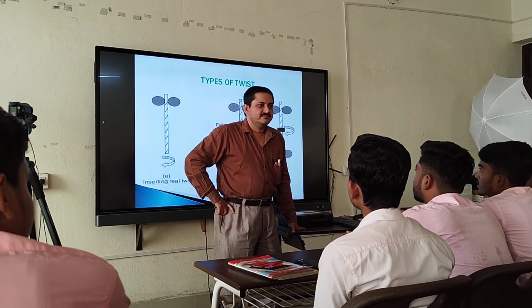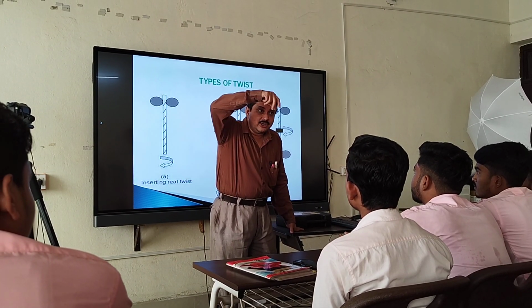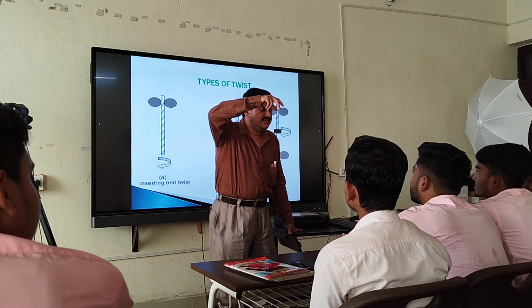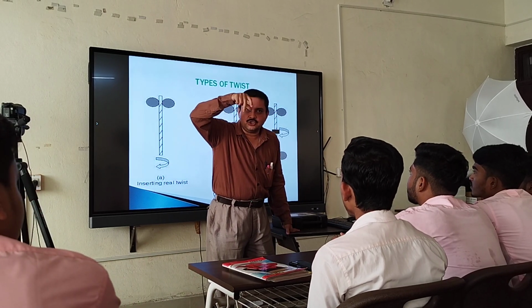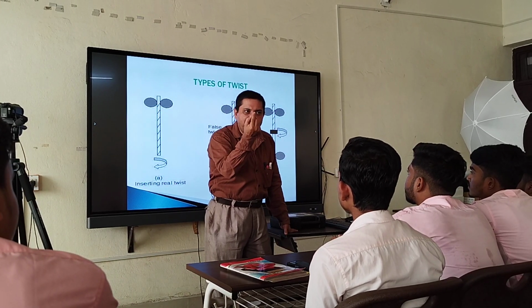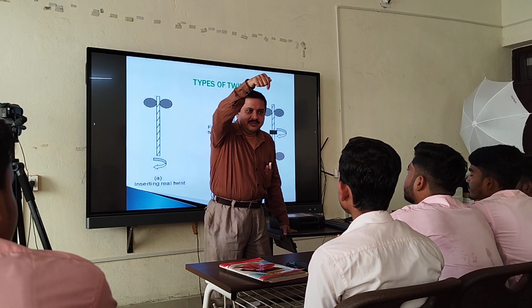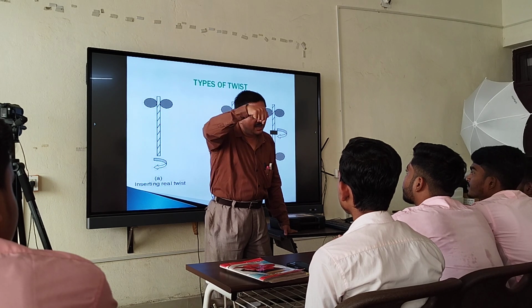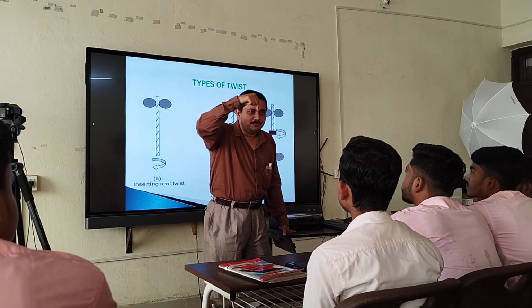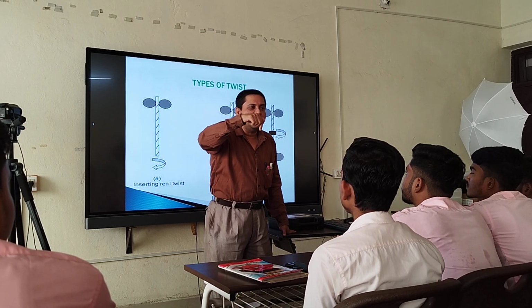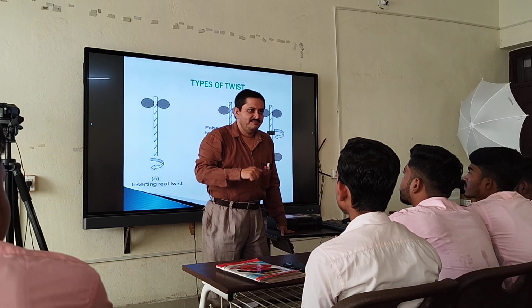The false twister is at the flyer top, please remember, at the flyer top having grooves. The rope is coming through the flyer top, so at the flyer top we call it the false twister.